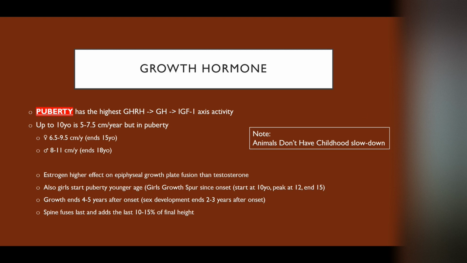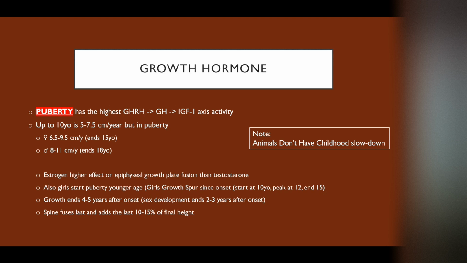Remember that the animals before, they don't have the childhood slowdown. So that's childhood, 5 to 7.5 centimeter per year. And then in puberty, they start to grow. Females grow slower than males, but the females start growing since the onset of puberty.